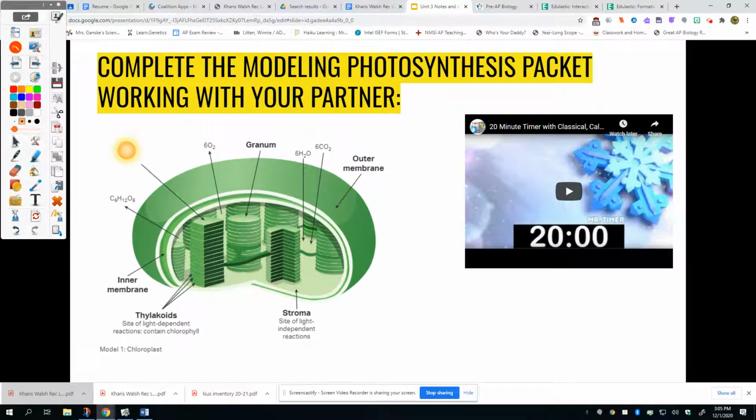All right, so you're going to complete the photosynthesis modeling activity. It says pre-AP lesson.